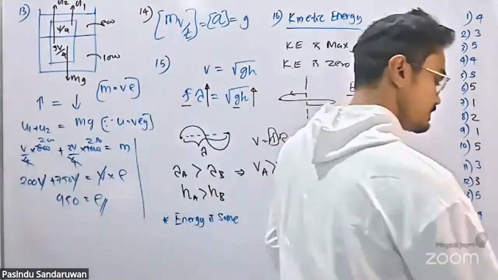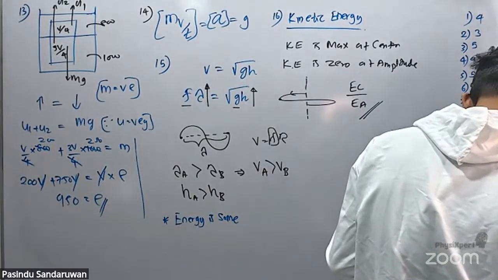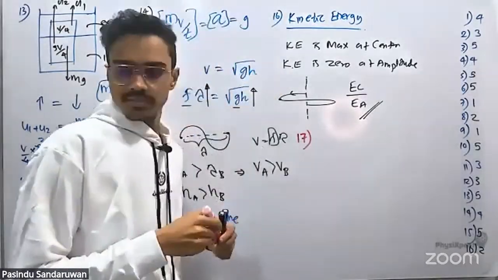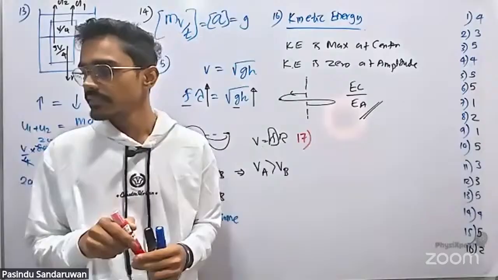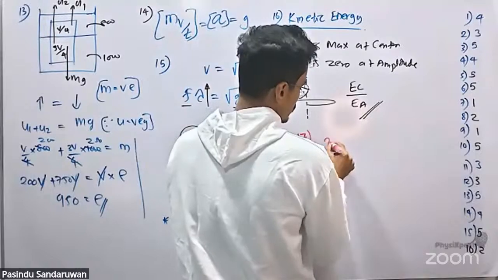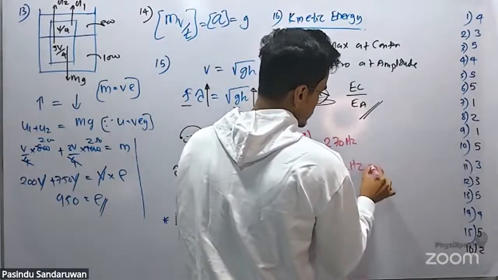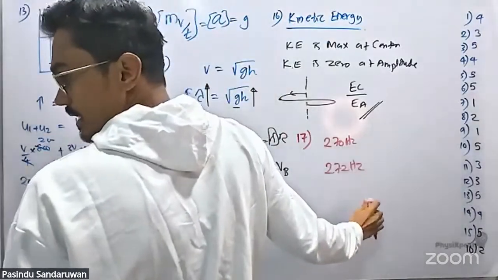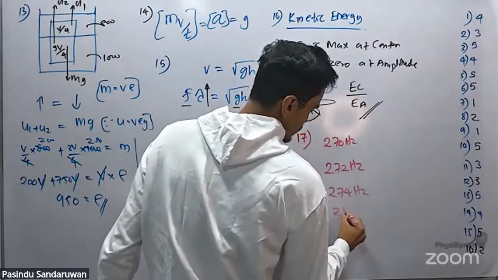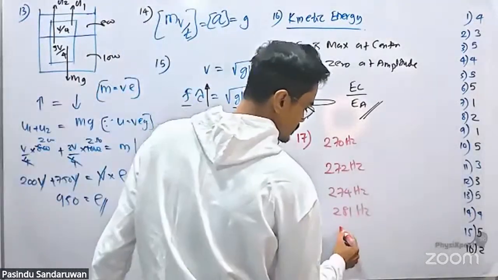Okay, 17. You are given 5 tuning forks of frequency 270 hertz, 272 hertz, 274 hertz, 281 hertz, and 286 hertz.